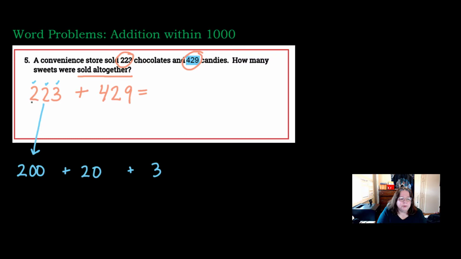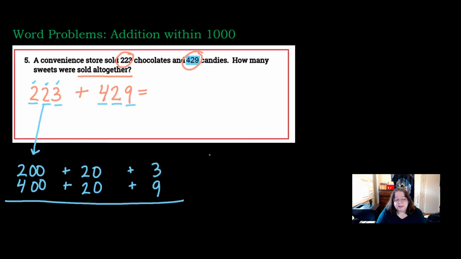You can see we just broke it apart by place value. The value of the 4, 400. The value of the 2, this one's also 20. And the value of the 9 is 9.